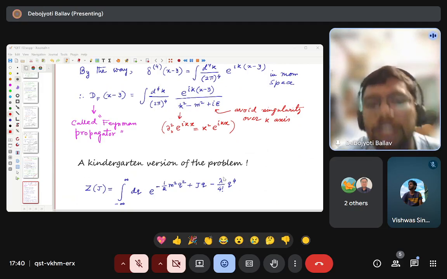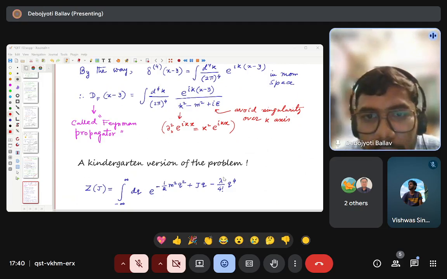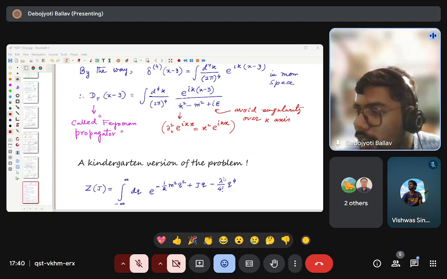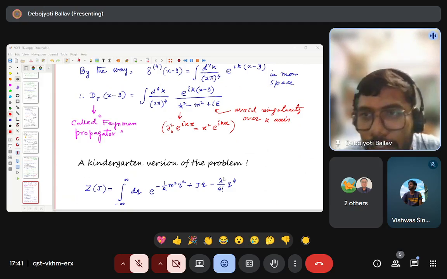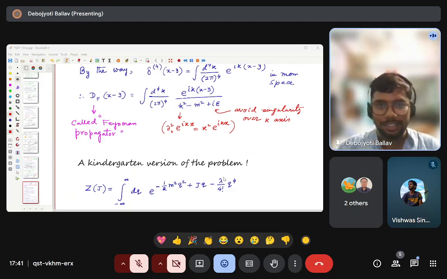Now for lambda equal to 0, you know how to solve this problem. But if I put this lambda q to the 4, can you solve this problem now? Anybody? Can anybody dare to say he can solve this problem? Can you solve it? This is a non-linear function in q to the 4, but it's a fourth order function, not third order or second order.